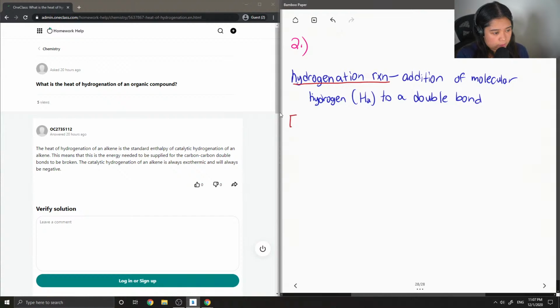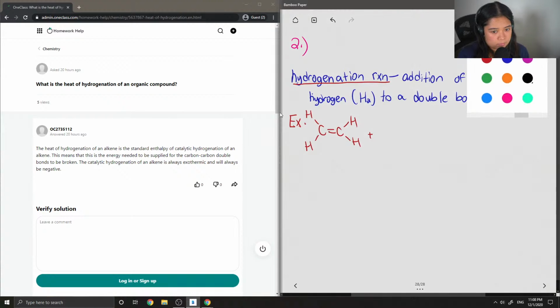So I'll just draw out an example. Let's say we had a double bond and we wanted to add H2.